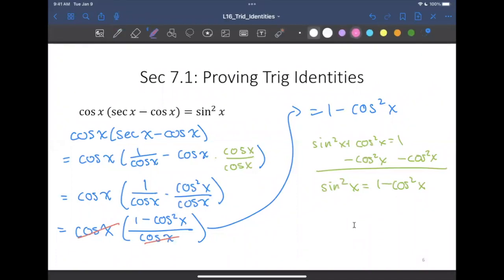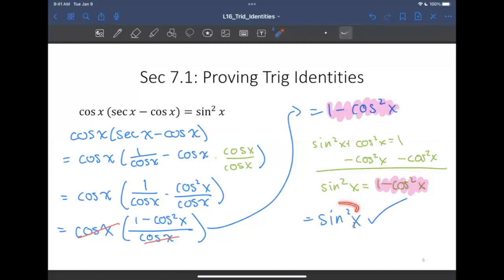And that's what I have here, right? I have 1 minus cosine squared x here and 1 minus cosine squared x here. This identity tells me that 1 minus cosine squared x equals sine squared x. So then I say this whole thing is equal to sine squared x, and that's what I wanted. So my identity is proven. Okay, so once I get to my right-hand side, then I'm done. That is, in fact, proving a trig identity.